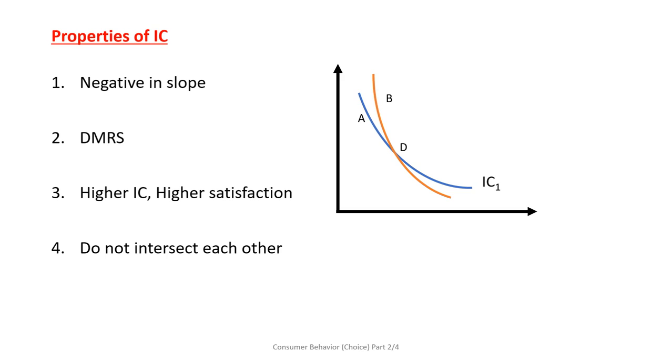These are the two ICs, and by comparing a bundle A on one IC with a bundle B on another IC, we can see that bundle B is on higher IC, therefore bundle B will be preferred to bundle A. Now let's compare bundle A with bundle D. As bundle D lies at a point where both ICs intersect, it lies on both ICs.